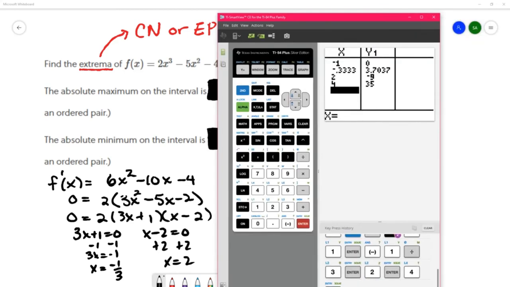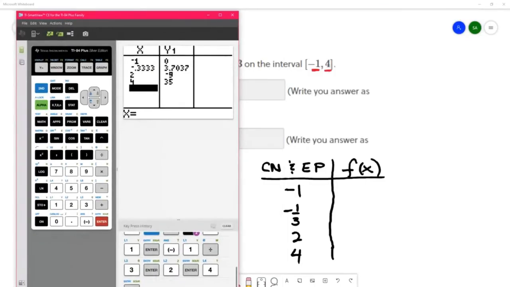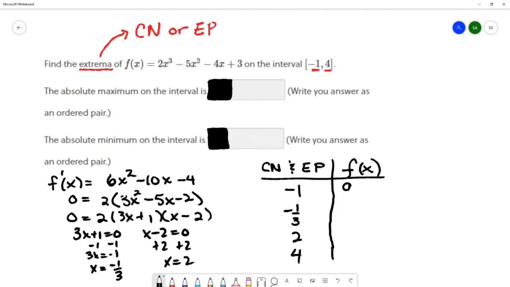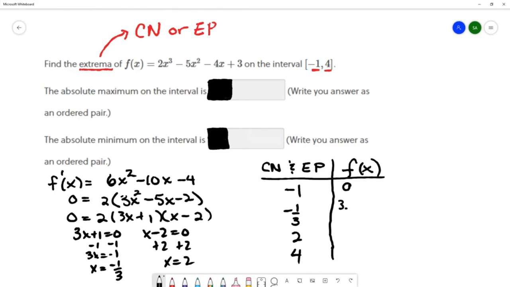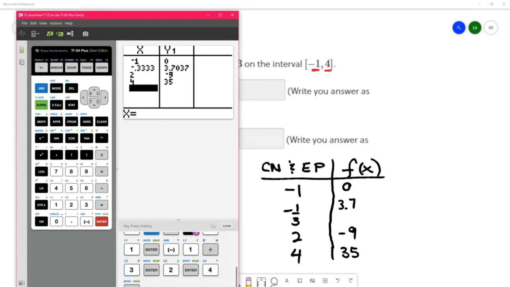So let's record those y values. We have 0, whoops, lost our calculator. 0, 3.7, negative 9, and 35.